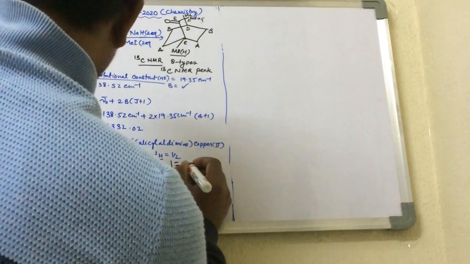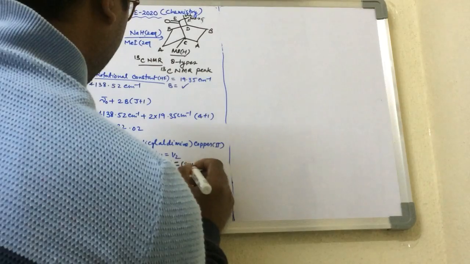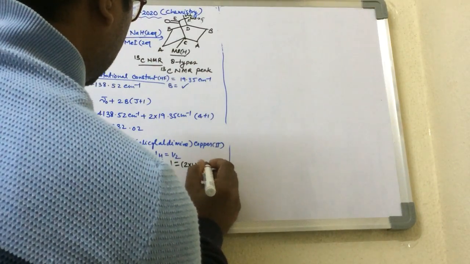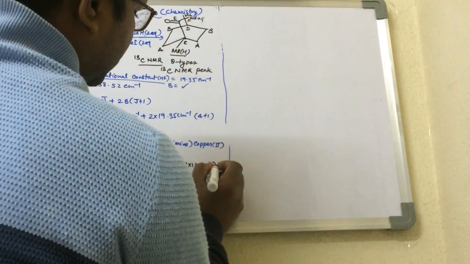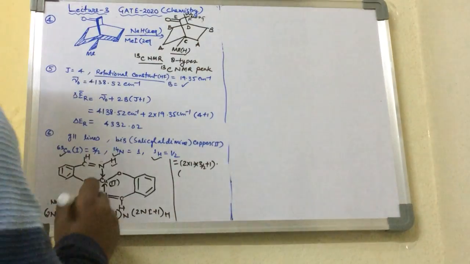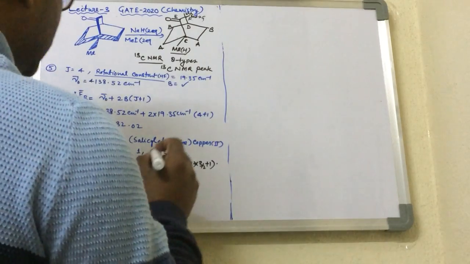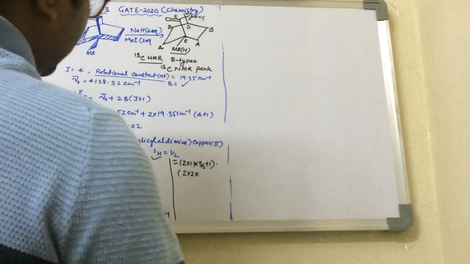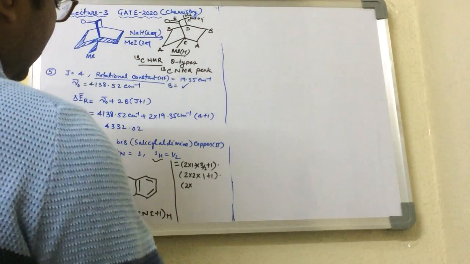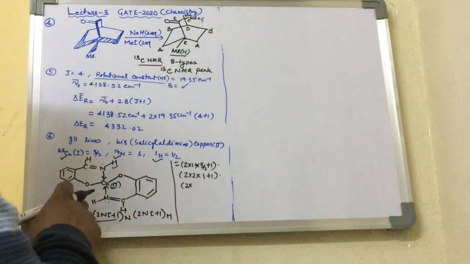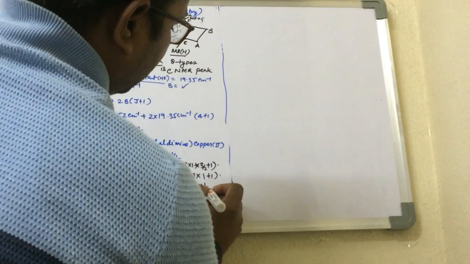copper is 1, so 2 times 1 into the I value for copper, 3/2, plus 1, into, for nitrogen, 2 nitrogens are present, so 2 into 2 into the I value of nitrogen, 1, plus 1, into, for hydrogen, 2 hydrogens are affecting, so 2 into 1/2 plus 1.